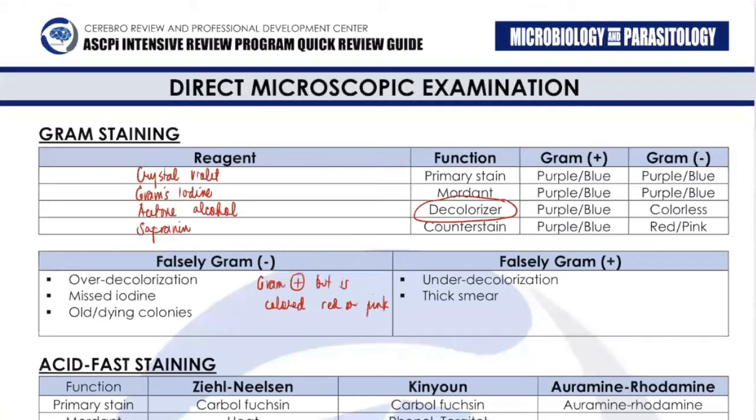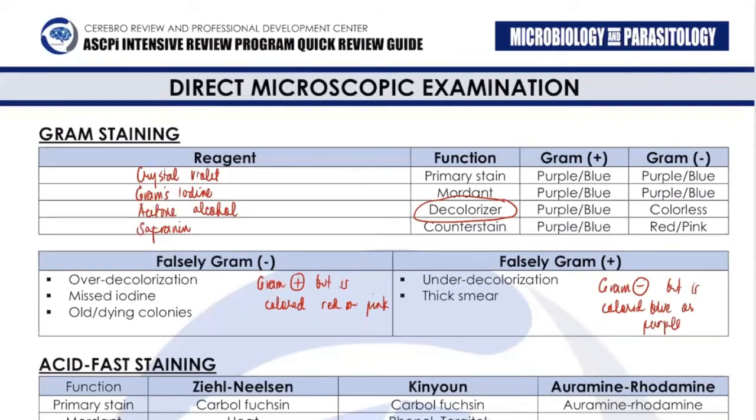This happens if you over decolorize, if you miss the iodine, or if you make a gram stain from old or dying colonies. For falsely gram positive, these are organisms that are gram negative but are colored blue or purple. This happens with under decolorization, and if you have made a thick smear.